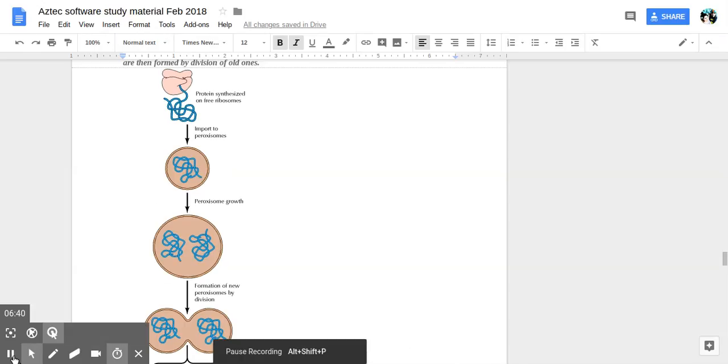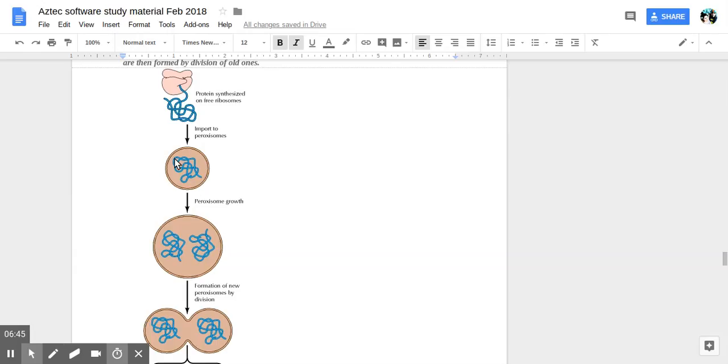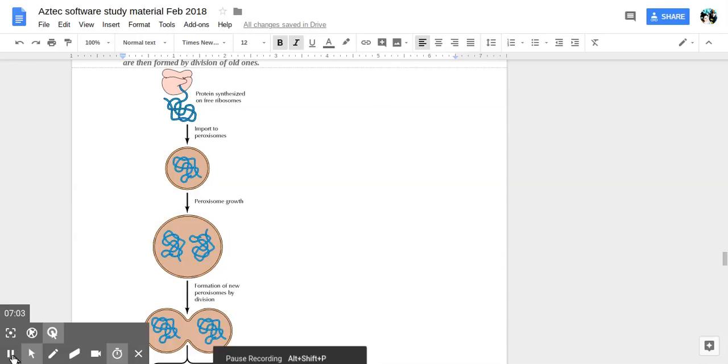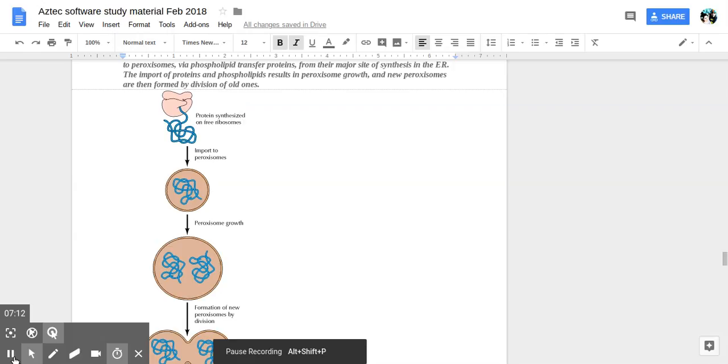The free ribosomes are not on the endoplasmic reticulum, they're just in the cytosol, and they make proteins that are to stay inside the cell, not being exported to the outside of the cell or to cell membranes, organelle membranes, etc. They're just free roaming proteins created by free ribosomes that stay inside the cell where they're produced. So older peroxisomes give rise to newer peroxisomes, and proteins are imported.